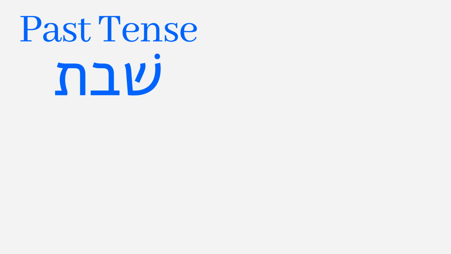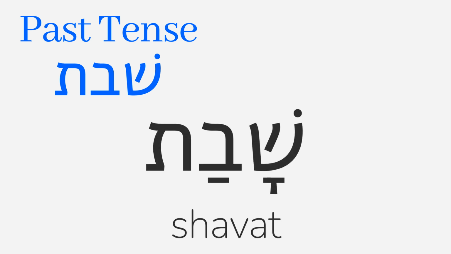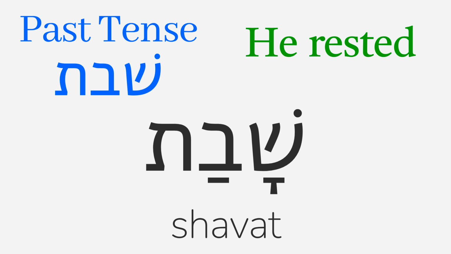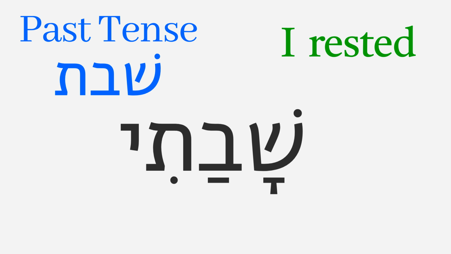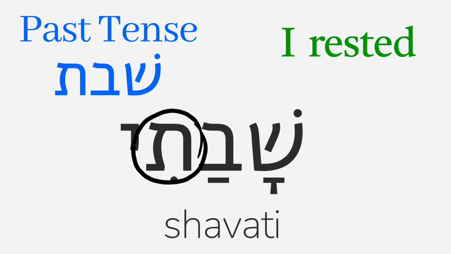For example, we can take the verb shavat, which means he rested, in the hu form. Then adding an ending that begins with tav, like t, these two tavs merge together to make just one tav. So I rested in the ani form is shavati, with just one tav.